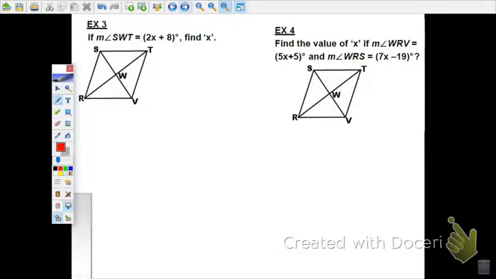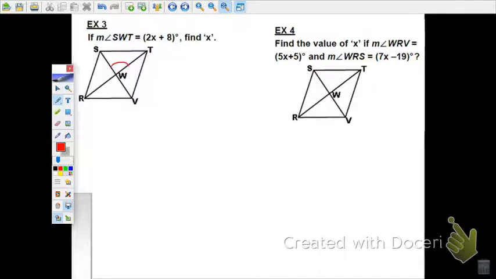Example 3 says the measure of angle SWT is 2x plus 8. And they want us to find x. What do we know about angle SWT? How is angle SWT being formed? The two diagonals.